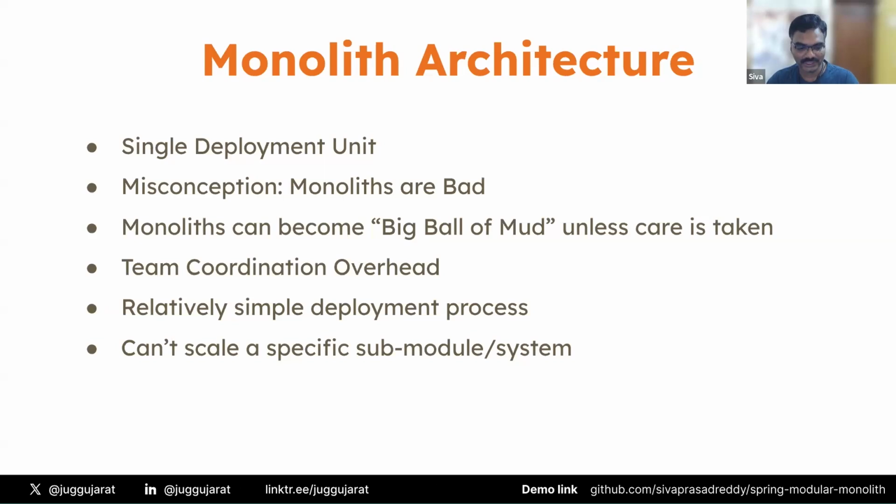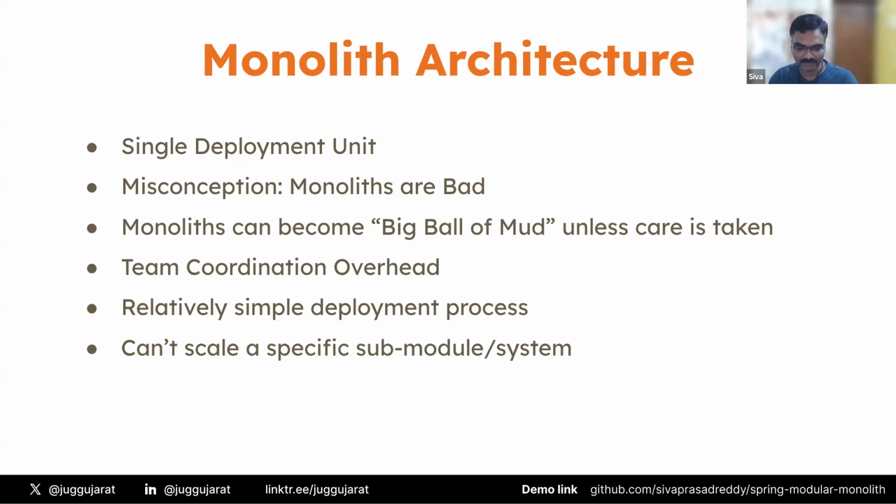But one of the common challenges in a monolithic application is you cannot scale a specific submodule, because at the end of the day, you are deploying your whole application as a single deployable unit. Let's take an example in an e-commerce application. Most of the time, people browse through the catalog of products compared to how many people actually place orders.